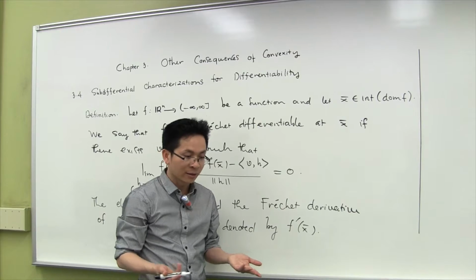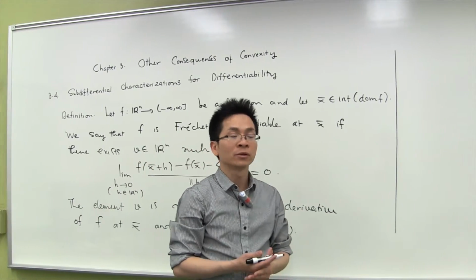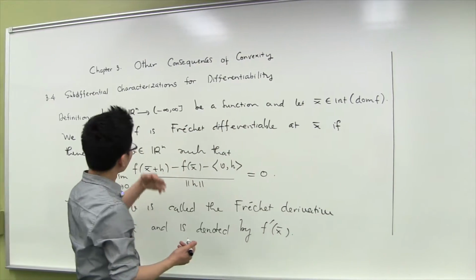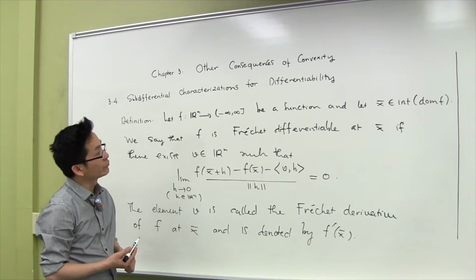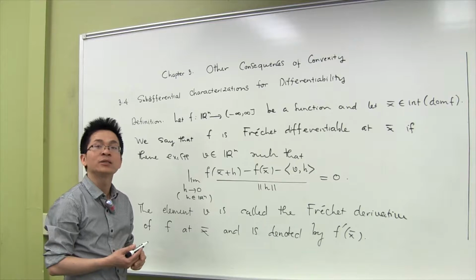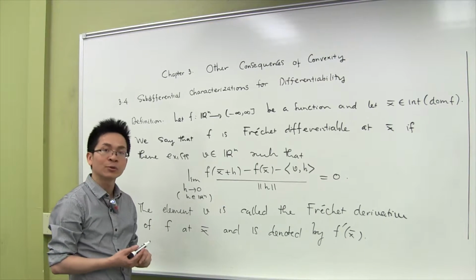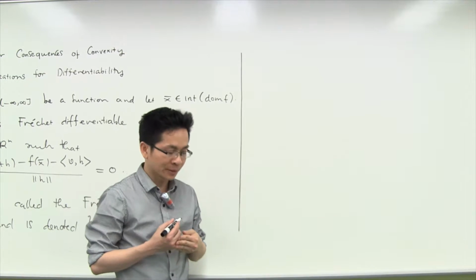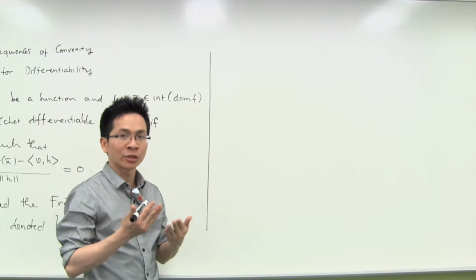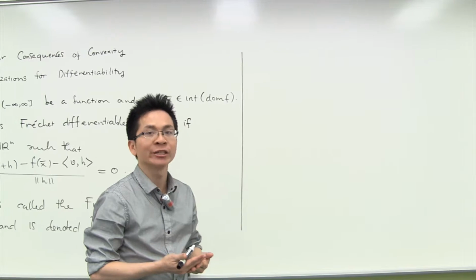That means we can find a counterexample for a non-convex function where the function is Gateaux differentiable at a point x bar, but it's not Fréchet differentiable at x bar. Now I'm going to discuss the relation between Gateaux differentiability and Fréchet differentiability.